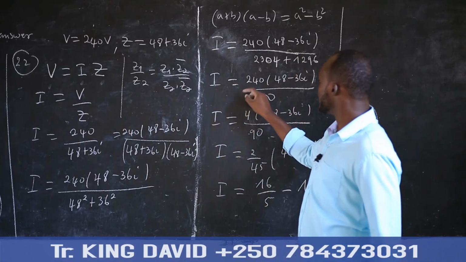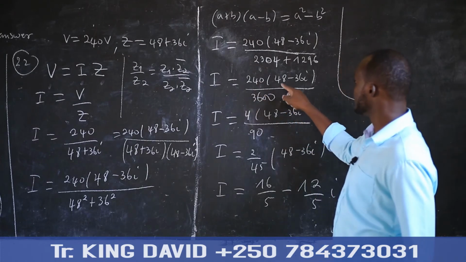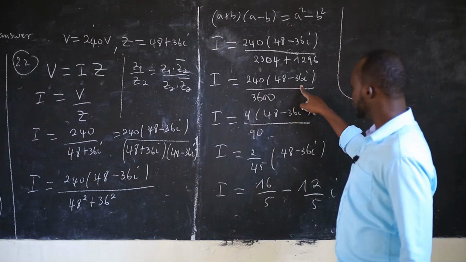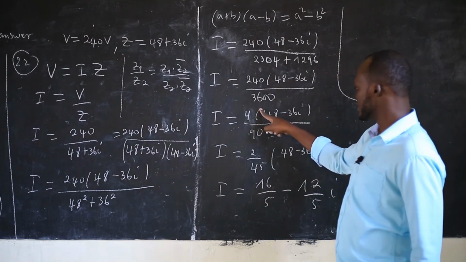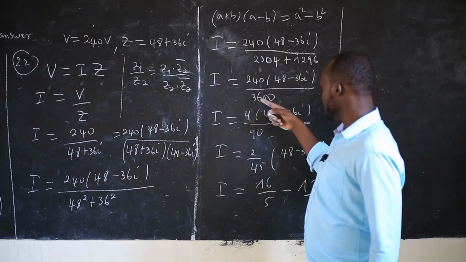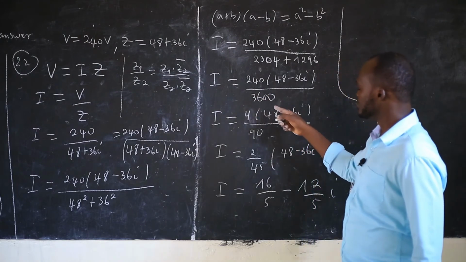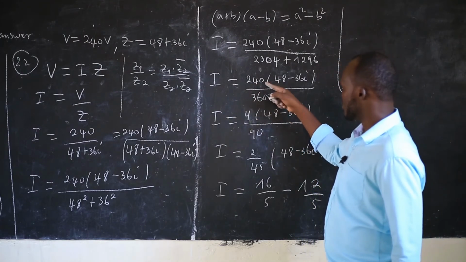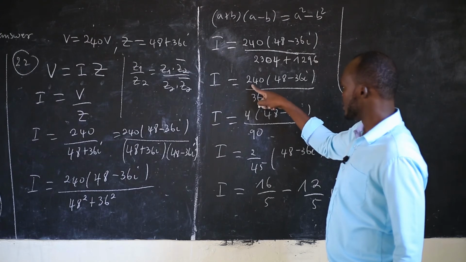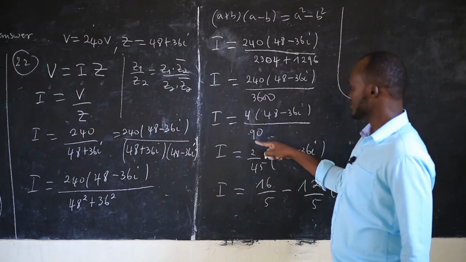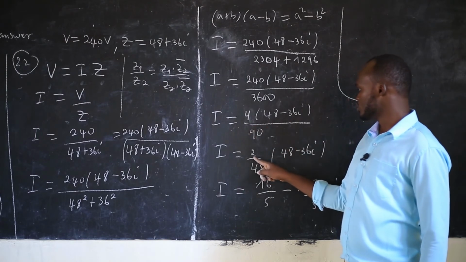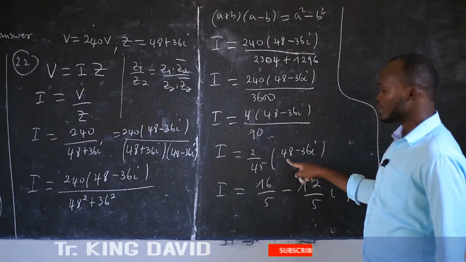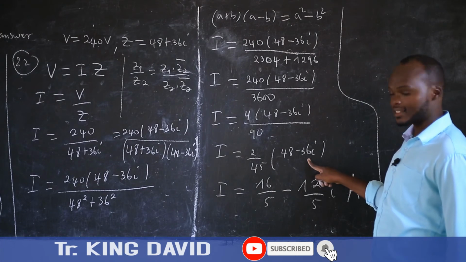Then our current now is 240 into bracket 48 minus 36i divided by, when you add these, 3,600. We simplify by 4, by 0, 0, by 6, and we get 90 here. Then finally by 2, we get 45 into bracket 48 minus 36i.